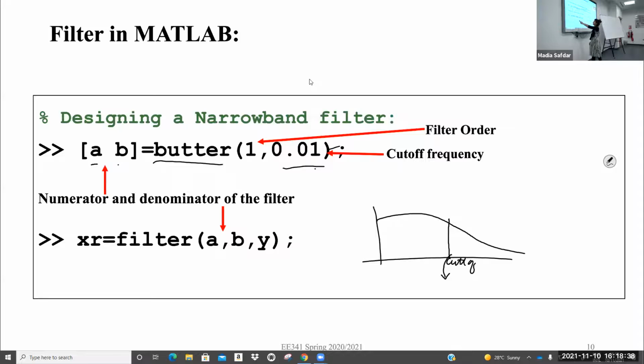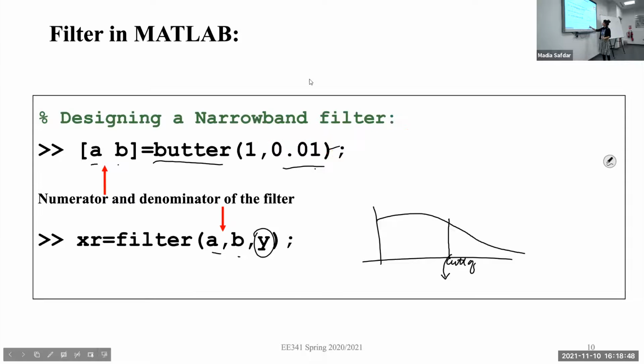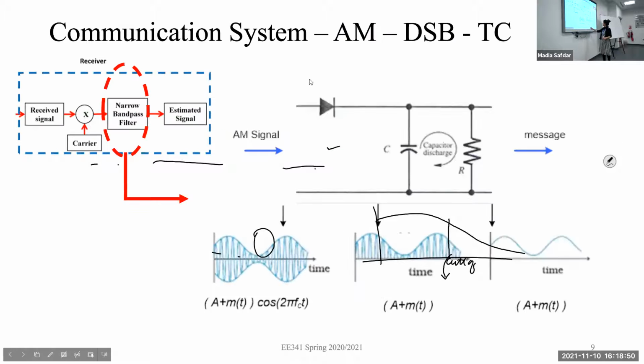Then you have to write filter with A, B as arguments, and then this Y. What will Y be? Y will be this signal with the carrier.